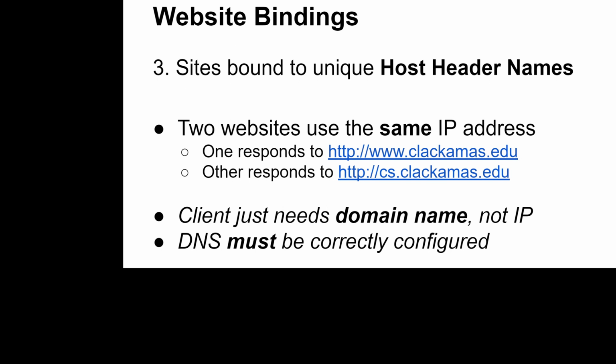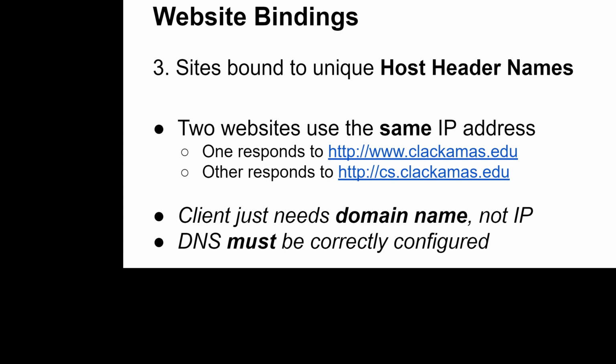And so the web server can parse that and see, oh, they're requesting a page from cs.clackamas.edu, so I should pull the information for that path from the website that is bound to cs.clackamas.edu. And same thing for www.clackamas.edu.